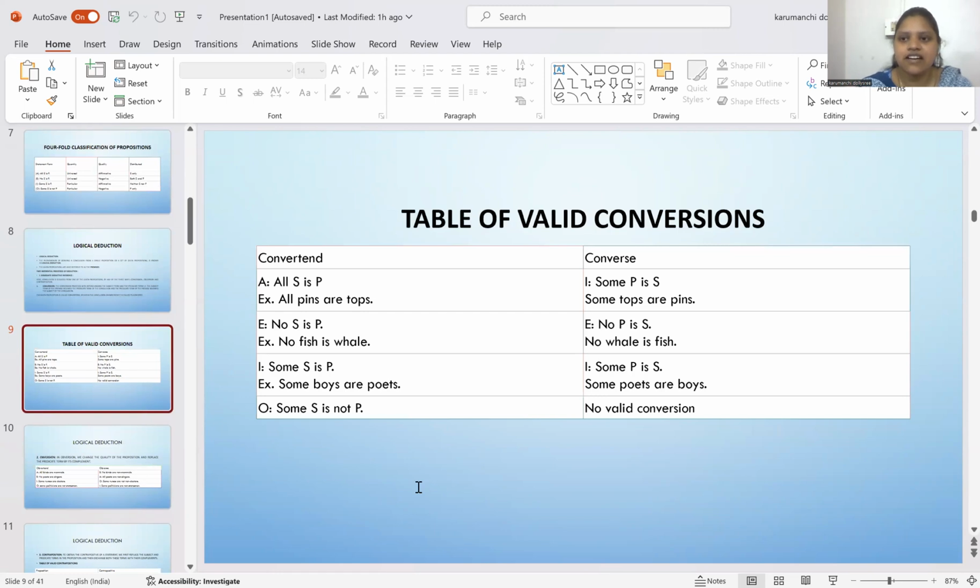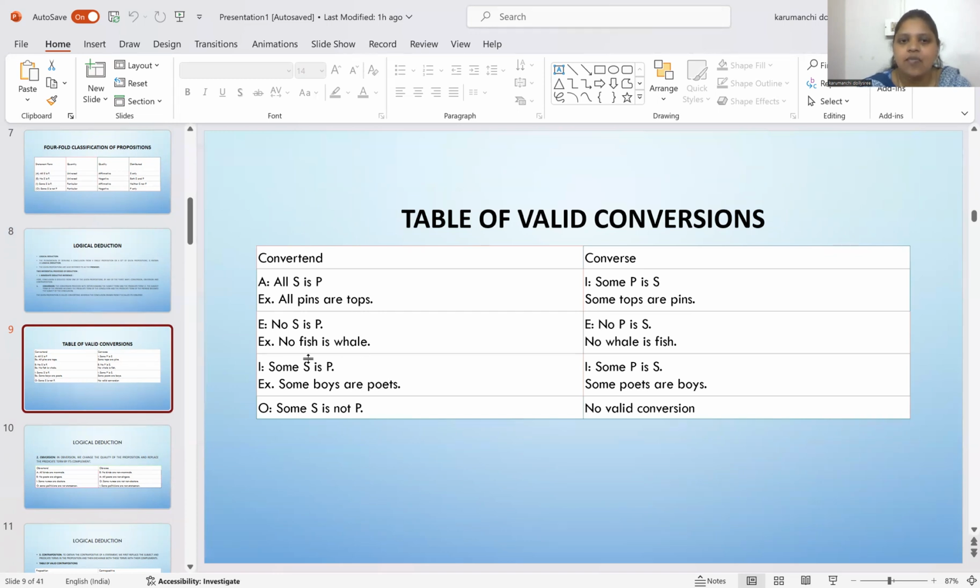So if we see the examples here, all S is P, all pins are tops. When we convert it, some P is S, some tops are pins. Here the subject is pins and the predicate is tops. So when we see the conversion, the conclusion derived from the convertend shows the interchanging of both the subject and the predicate, right?